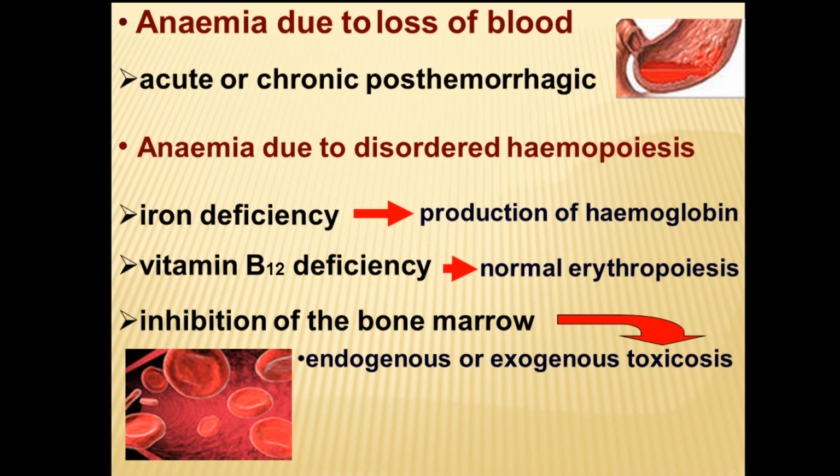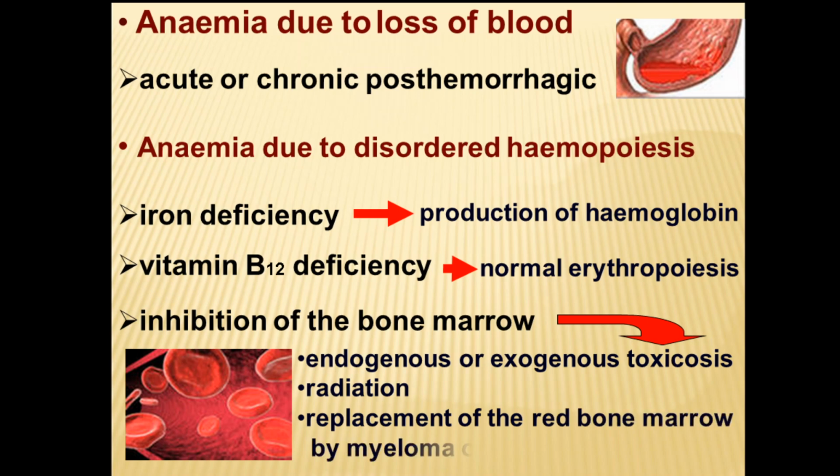Hematopoiesis is tightly correlated with the activity of bone marrow. Inhibition of bone marrow due to exogenous or endogenous intoxication, due to the action of radiation, or replacement of the red bone marrow by myeloma or multiple metastases is also manifested with anemia.